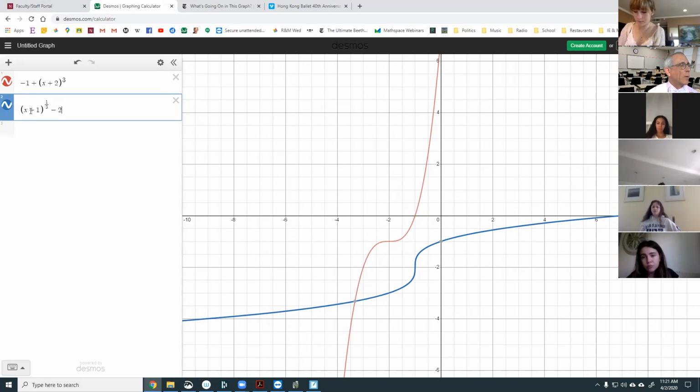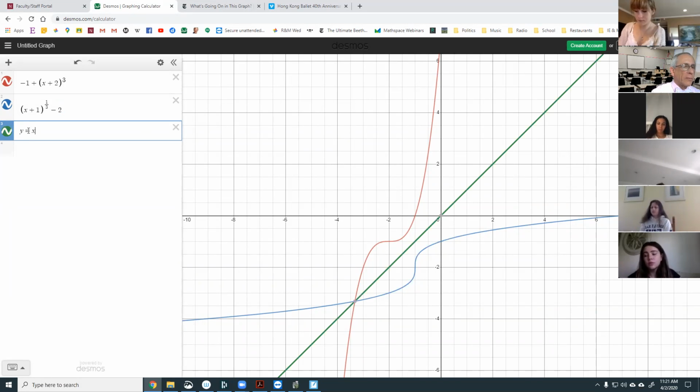I'm going to go y equals x. This is the line y equals x. And can you see that these graphs are reflected over that line y equals x? That's because I'm switching my x's and my y's.